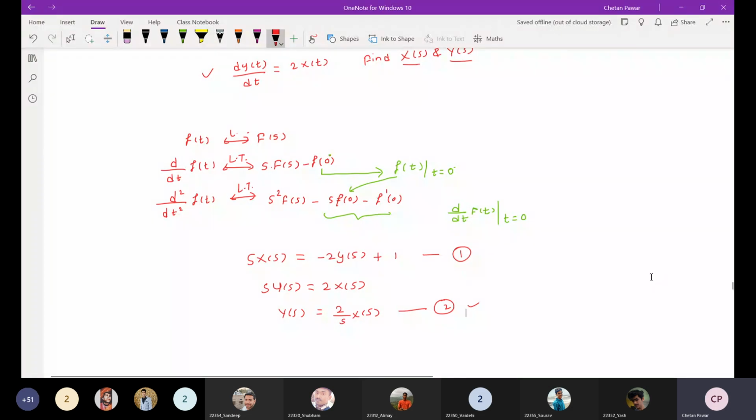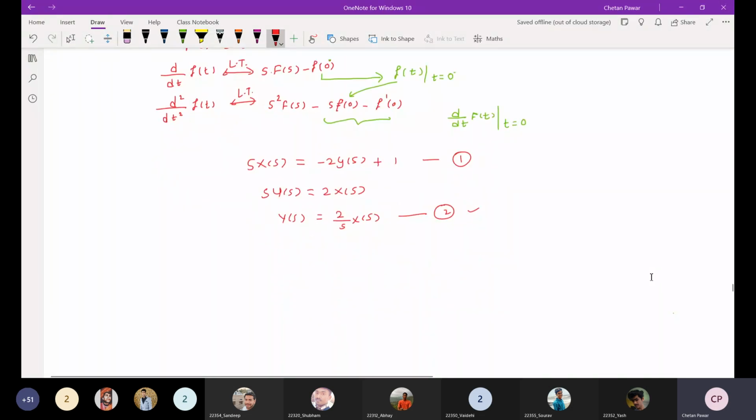Okay, so similarly, because all the control systems are represented mathematically using a differential equation, if we generally study LTI systems, linear time invariant systems, those systems can be represented using linear ordinary differential equations.